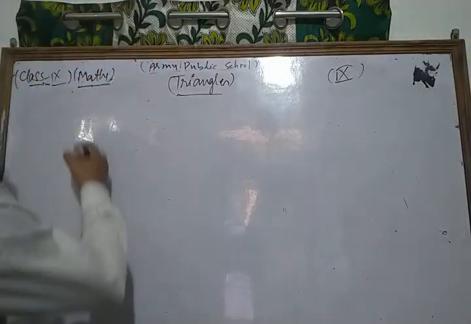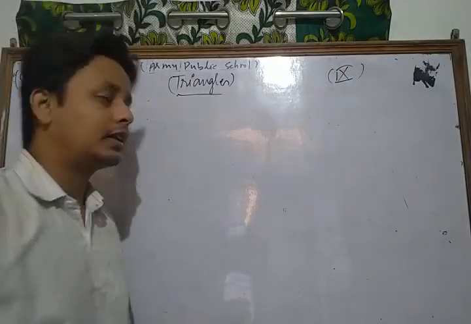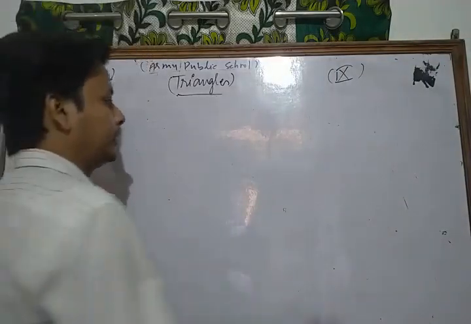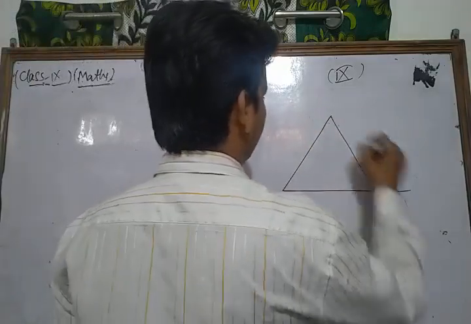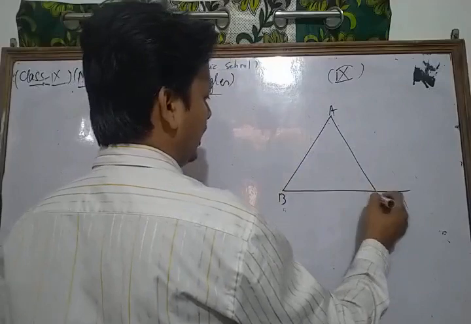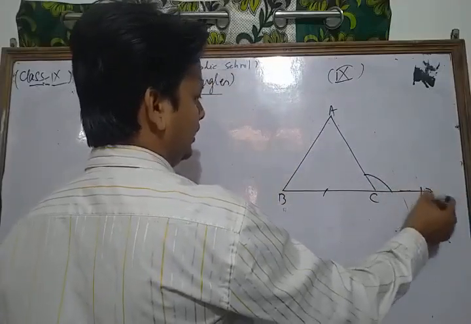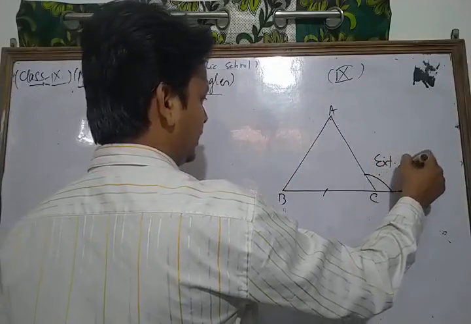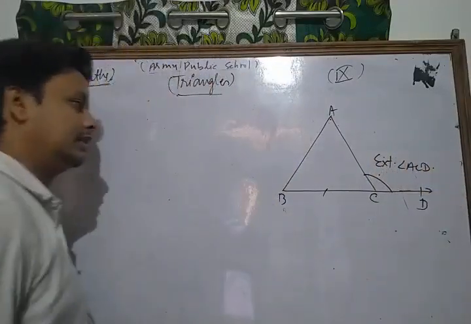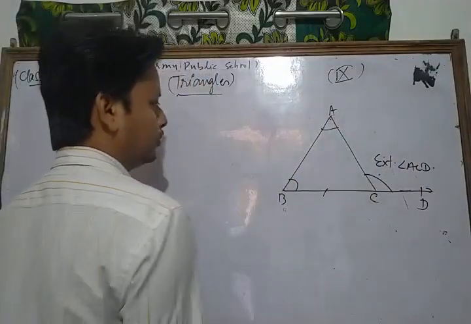Now we take some other important questions based on the exterior angle property. Dear student, what is the exterior angle property? You know from the previous class, if ABC is a triangle and its one side is produced to D, then that angle ACD is called the exterior angle ACD, and that exterior angle is always equal to the sum of its two opposite interior angles.